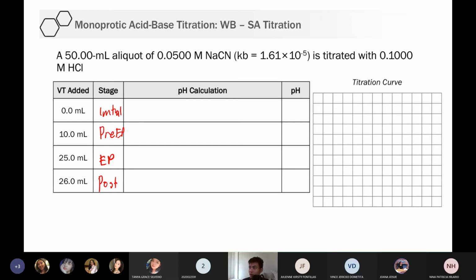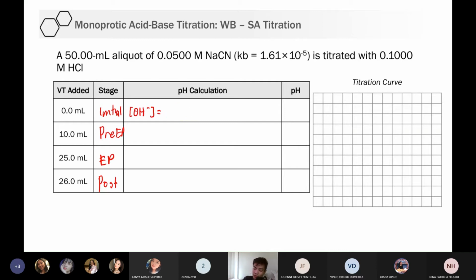So, since alam nyo na yung ating mga stages, no? So, let's apply the equations na ating gagamitin. Yung equations na sa previous slide, no? Download nyo na lang yung PDF. Initial, square root of CBKB yan. Square root of CBKB. What's the CB?